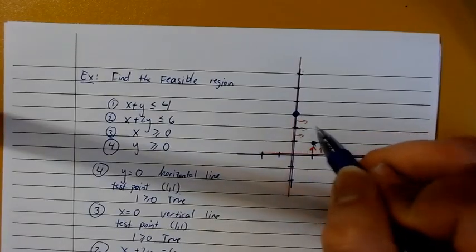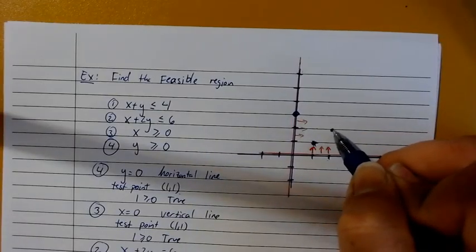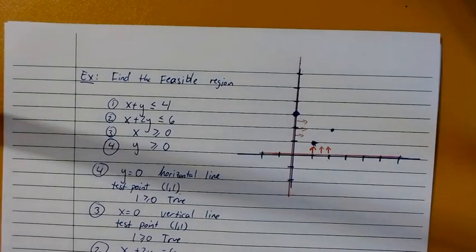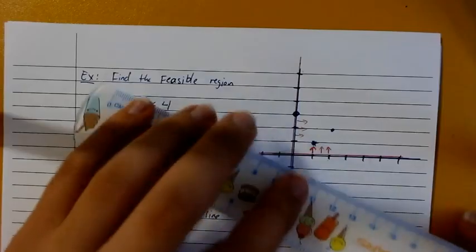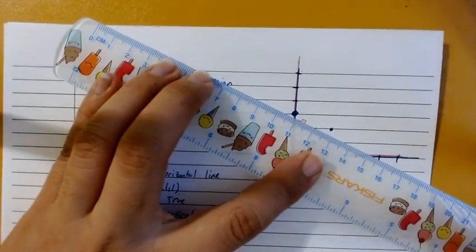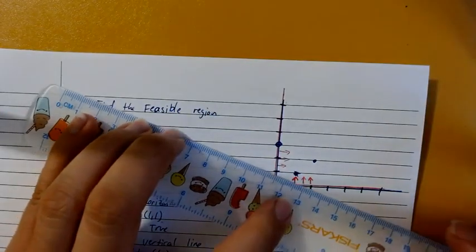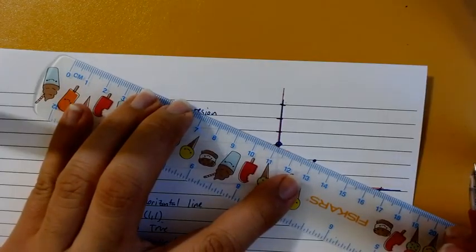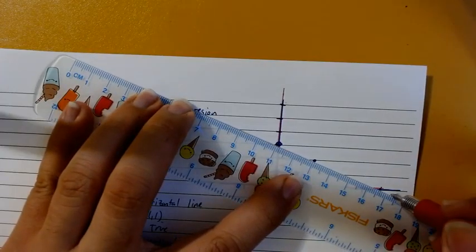So down 1, right by 2, and that'll put me right there. All right, so now I'm going to connect my line, something like this. And again, because these are all inclusive inequalities, they're all going to be solid lines, like that.